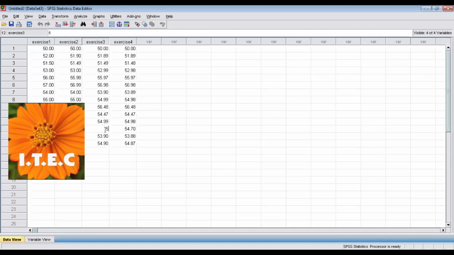It is 55.98, and it is 55.98. 54, and it is 53.99, and it is 53.98. 55, and it is 54.98, and it is 54.98. Suppose it is this.